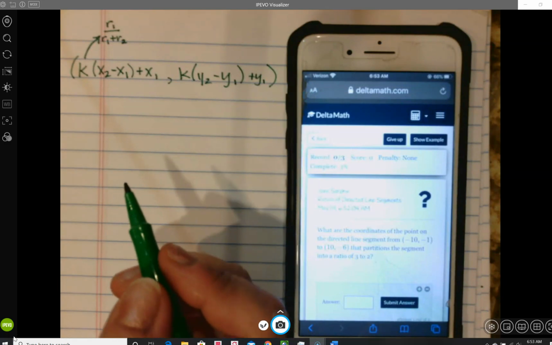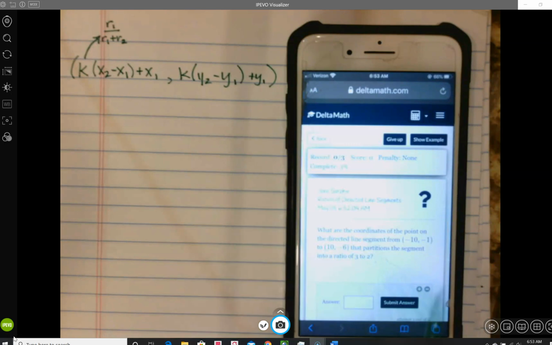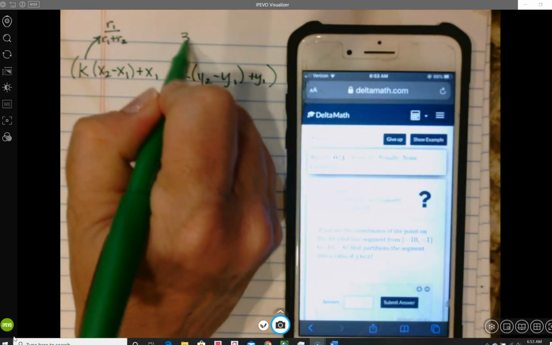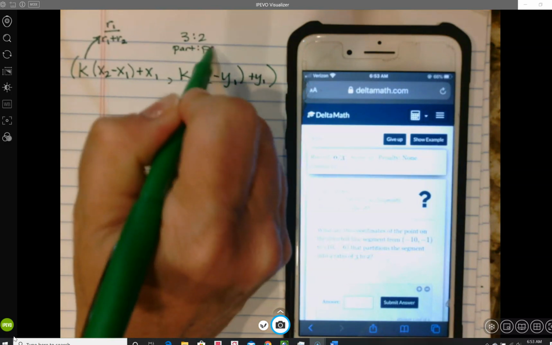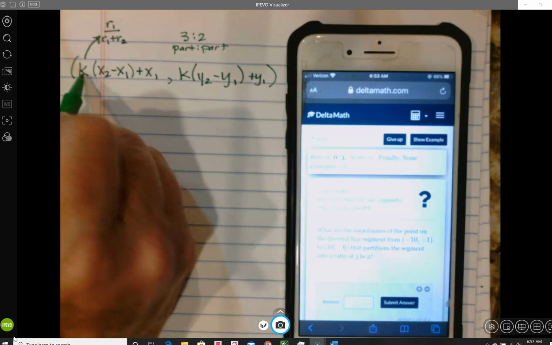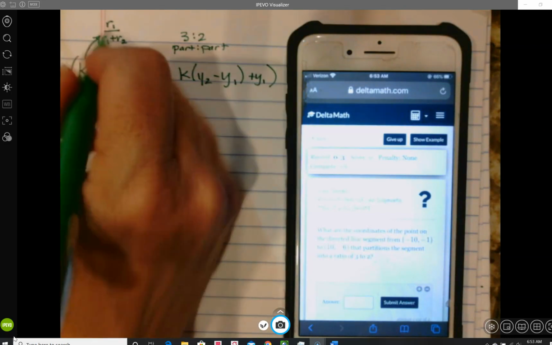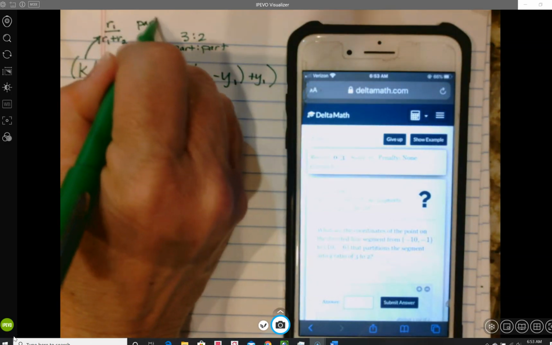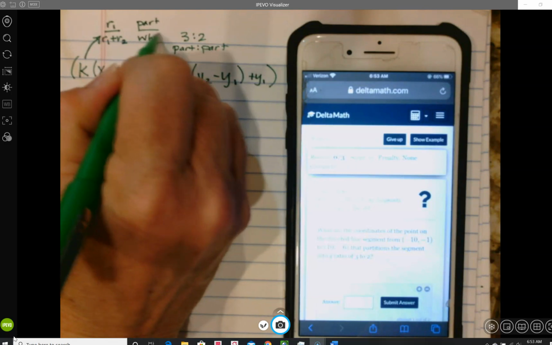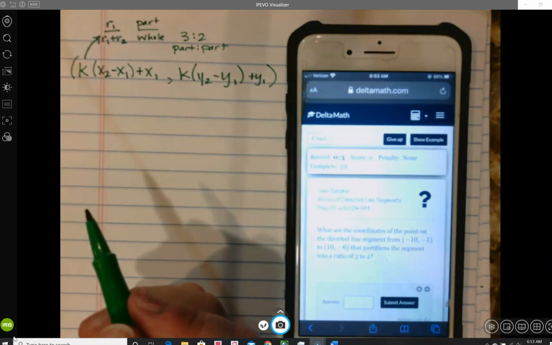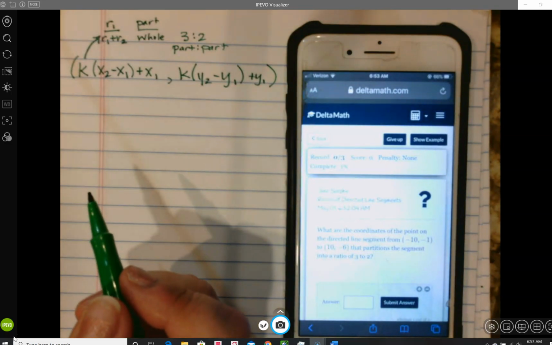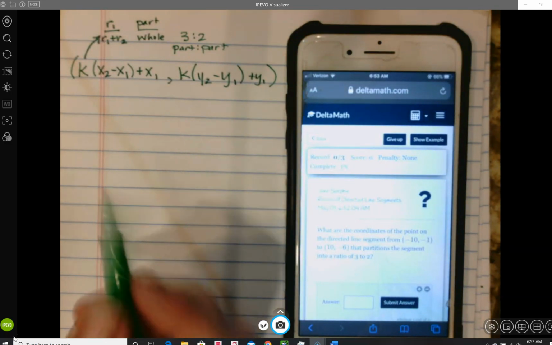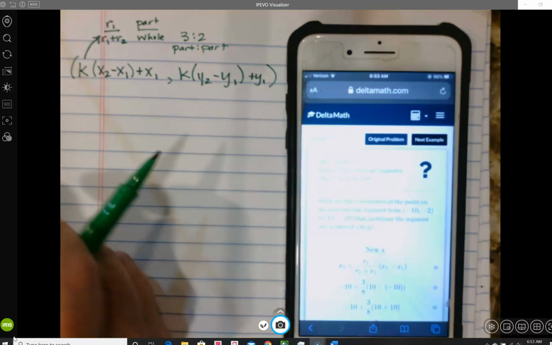Some of you, the struggle was, here we have 3 to 2, and that 3 to 2 is part to part. And when we get k, we need to have part to whole. So that was a little bit of a challenge when we were doing these problems in class. So let's go ahead and see what happens when we hit the Show Example button.